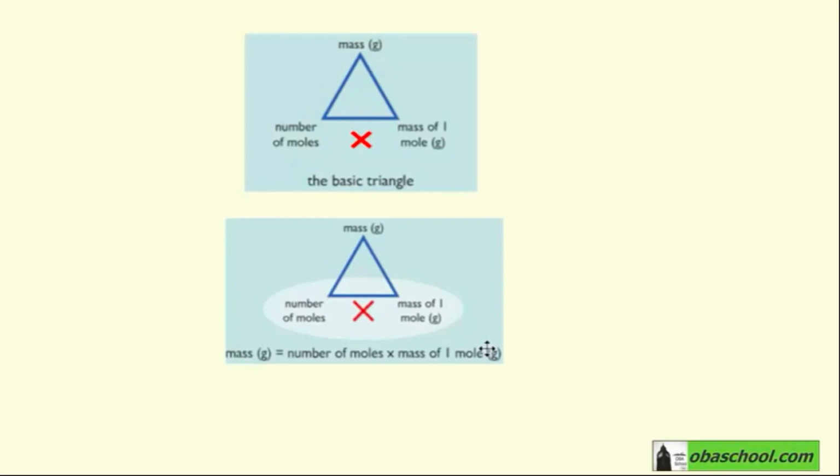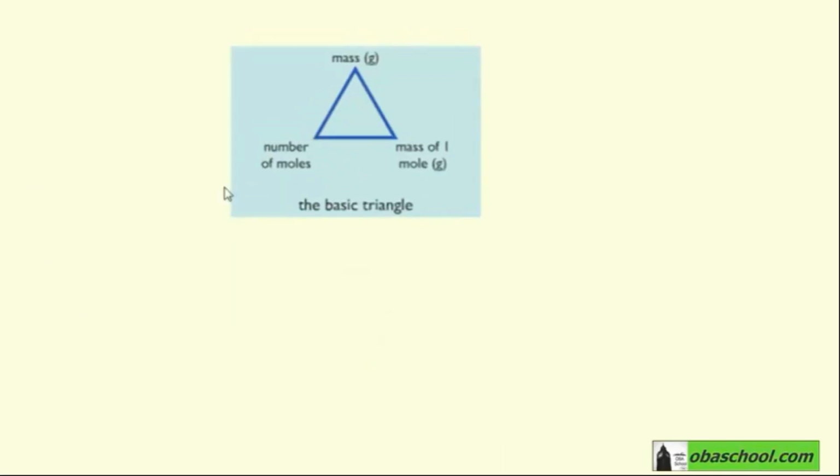Now they might ask us to find the number of moles. Similarly, we draw the triangle and distribute the mass and the mass of 1 mole in their places. As you can see here, we want the number of moles, so we will hide it. Now I'm left with the mass and the mass of 1 mole.